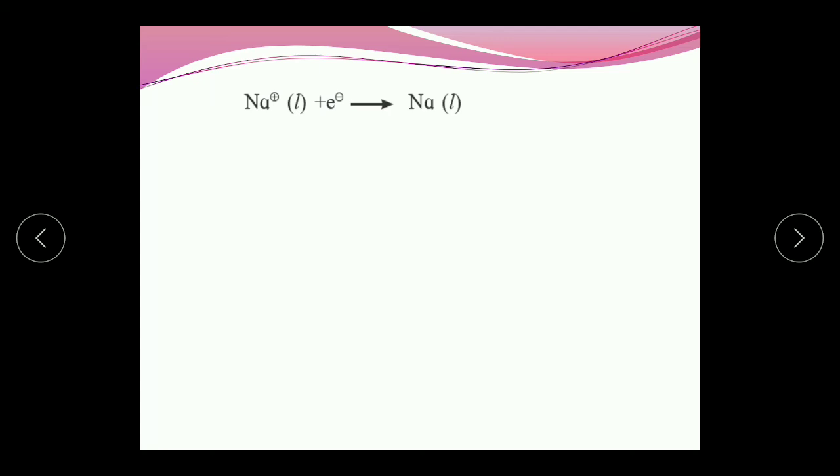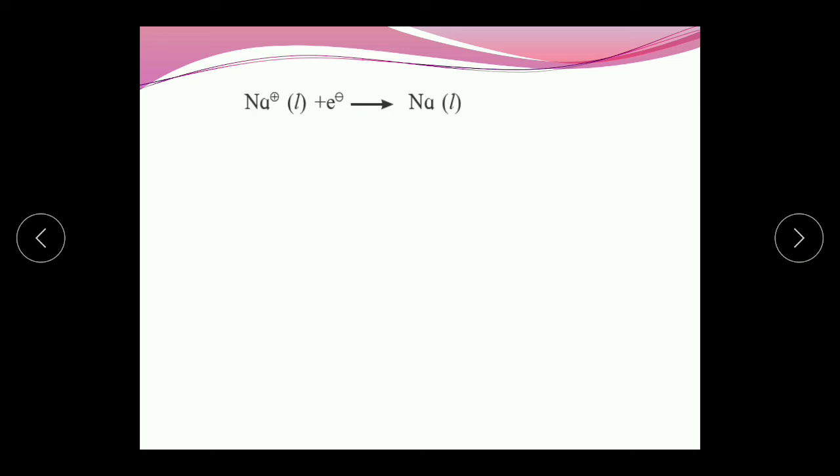It has donated one electron, hence it got one positive charge. So, if that donated electron is accepted by the Na plus ion, what will happen? When it gains that electron, it will naturally convert into neutral sodium. That means Na plus plus an electron will form Na. This is the process occurring at the cathode.